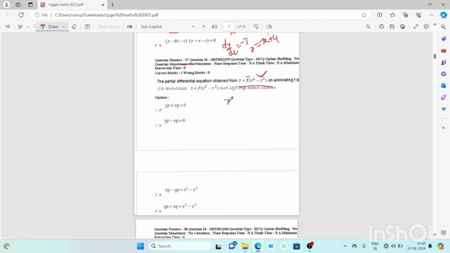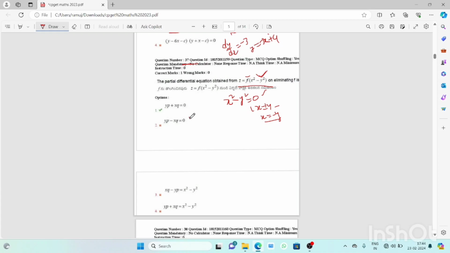I just consider x square minus y square is equal to 0. So I get x is equal to y and x is equal to minus y. I can write it in a plus b into a minus b form. Here the x coefficient is 1, y coefficient is 1. So you just check by option verification, taking the values one by one.